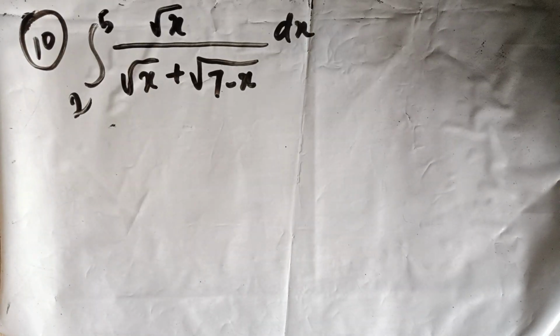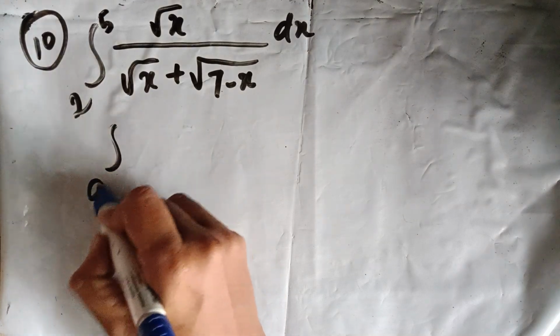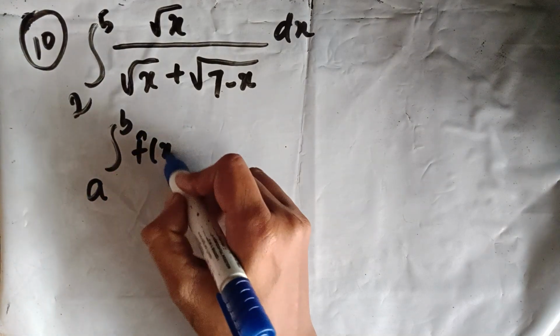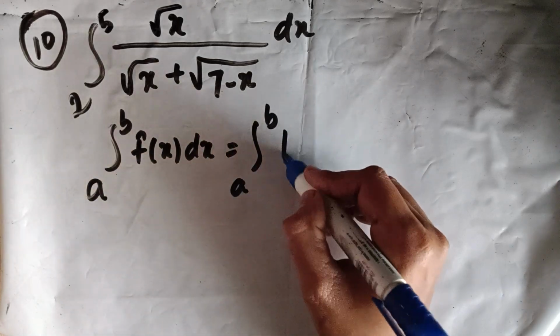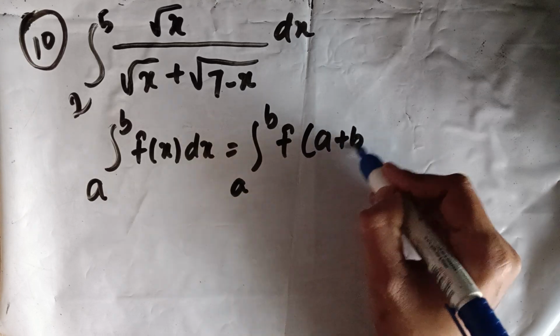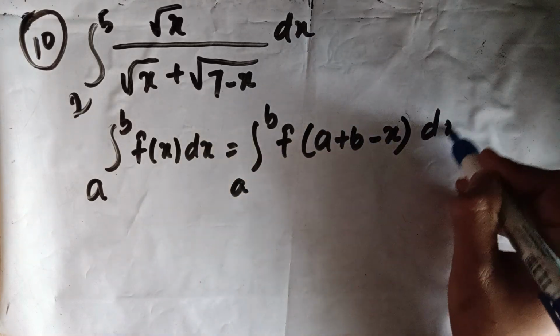Next question, integral from 2 to 5, root x upon root x plus root of 7 minus x dx. So here you have to use the property of definite integrals, that is integral a to b f of x dx equals integral a to b f of a plus b minus x dx.